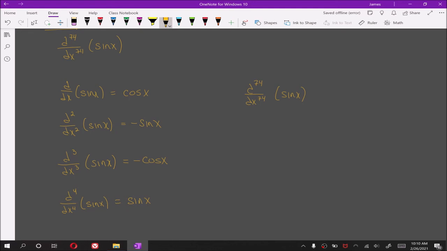And since 74 is 2 plus 72, we can say this is the second derivative of the 72nd derivative of sine of x. And since 72 is a multiple of 4, that's just sine of x. So this becomes the second derivative of sine of x. And looking at our chart, that is negative sine of x. So the 74th derivative is negative sine of x.